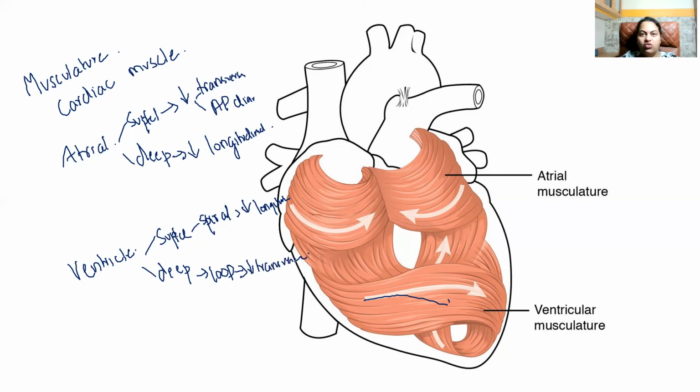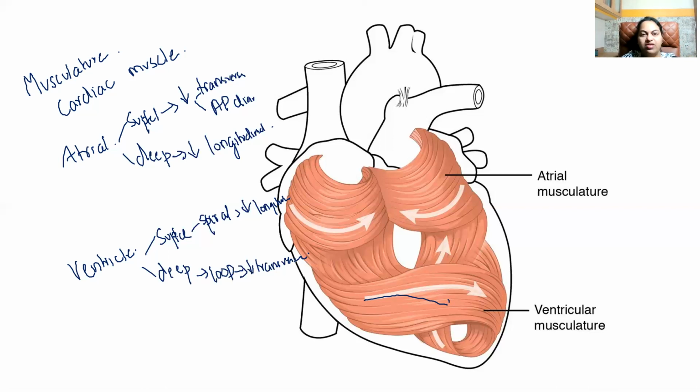Got it? So, cardiac muscle around the atria and around the ventricle, superficial and deep. Superficial fibers surround both the chambers. Deep fibers are going to individually encircle the chambers. In the atria, the superficial fibers decrease the transverse diameter as well as compress it, decreasing the AP diameter.